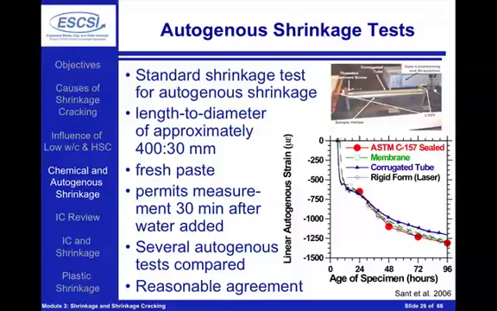So a fresh mortar, paste, or concrete can be placed in a tube like this while it's fresh. The ends can be sealed off, and then you can measure the volume change inside of this tube. Now, the real meaning of this test really starts at about the time of set, and then you can measure the overall volume change as a function of time.